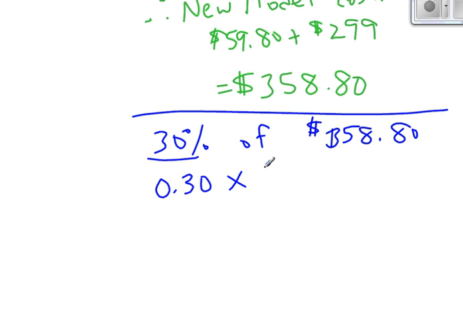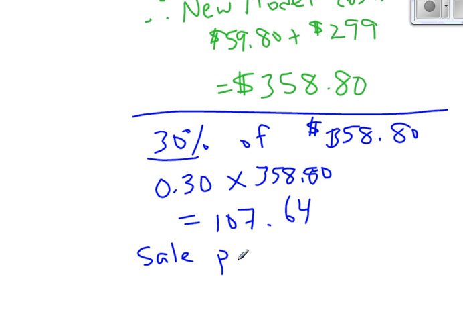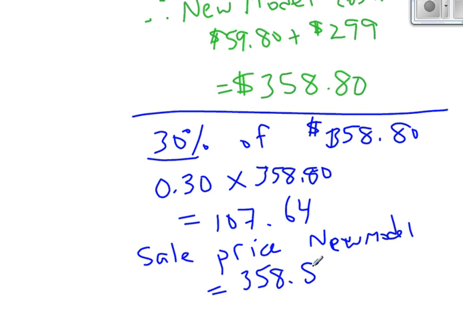So 30% of 358.80 equals $107.64. That means that the sale price of the new model is 358.80 minus 107.64.